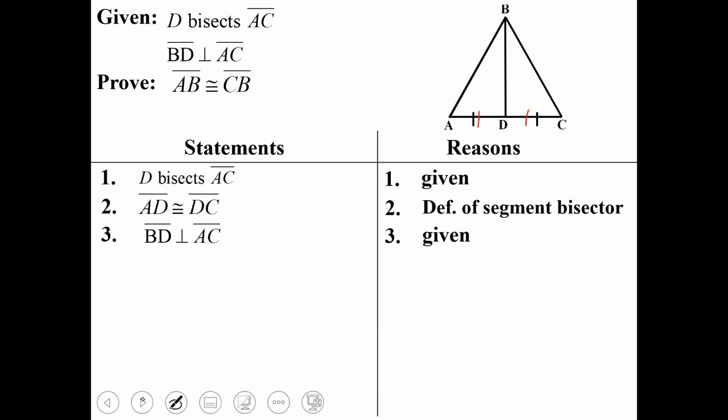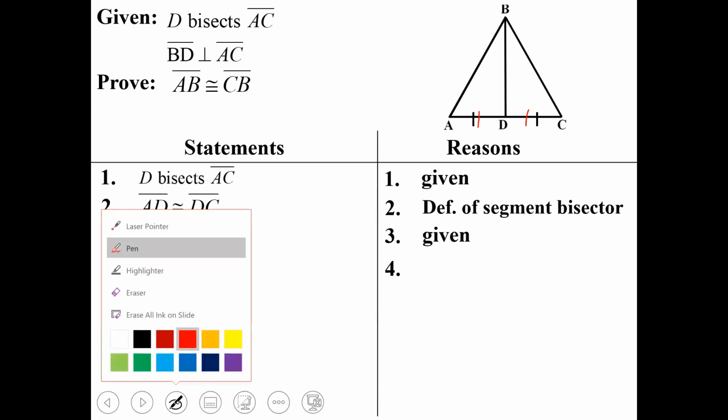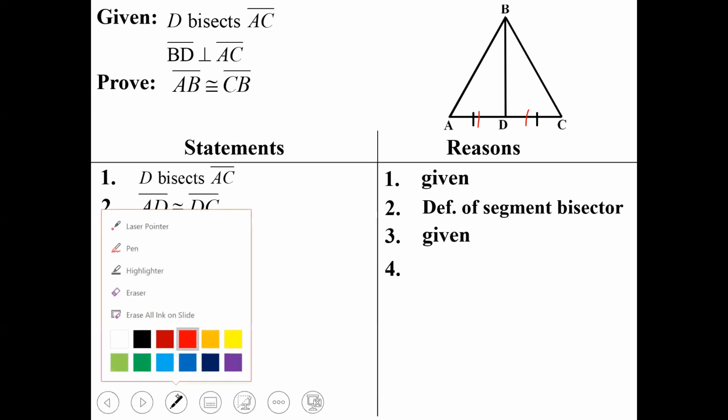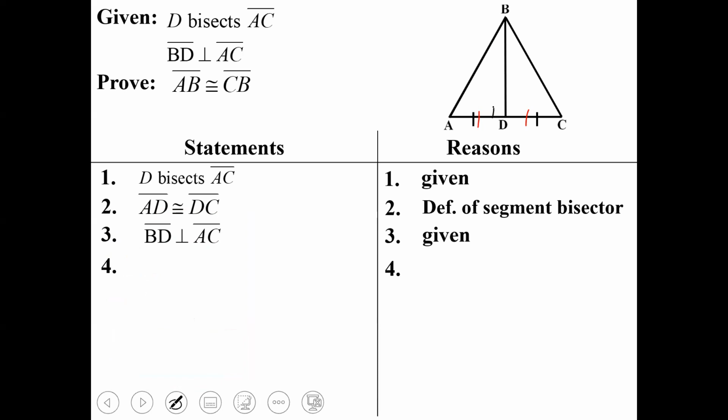Y'all remember, I told you a perpendicular bisector creates, okay? Let me see if it's gonna pop up. It's gonna create 2 right angles, okay? Right here and right here.